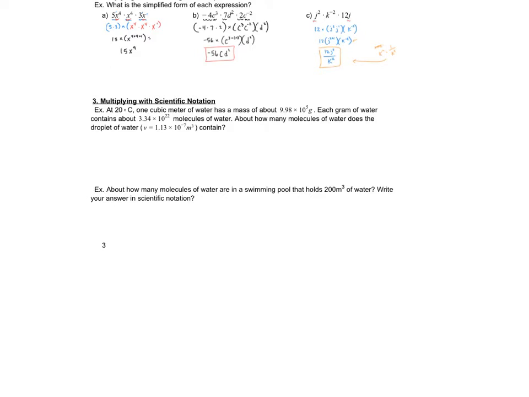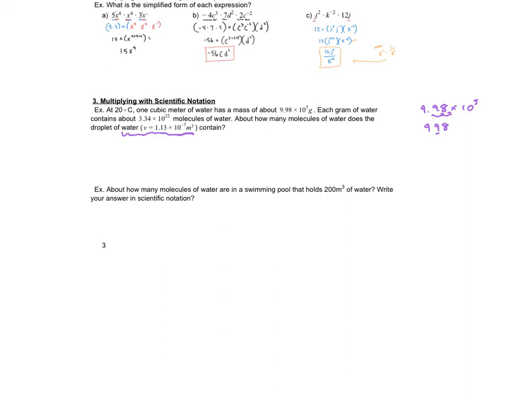Okay, so they've given me a droplet of water right here, and they basically told me my volume. I'm guessing molecules is going to be 1.13 times 10 to the -7th, which is very small. So remembering scientific notation, if I have 9.98 times 10 to the 5th, the +5 means I'm going to move that decimal 5 places. So I'm going to have 9, 9, 8.